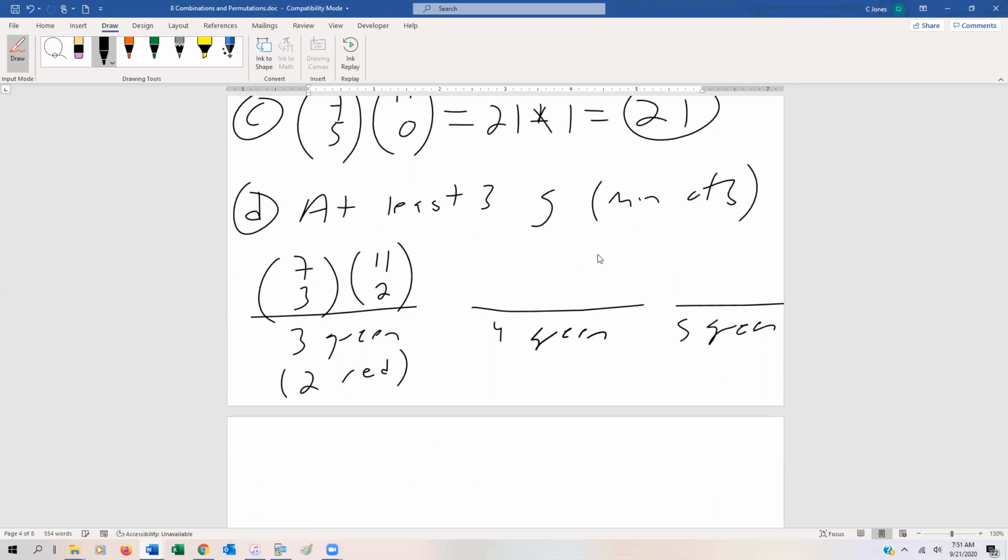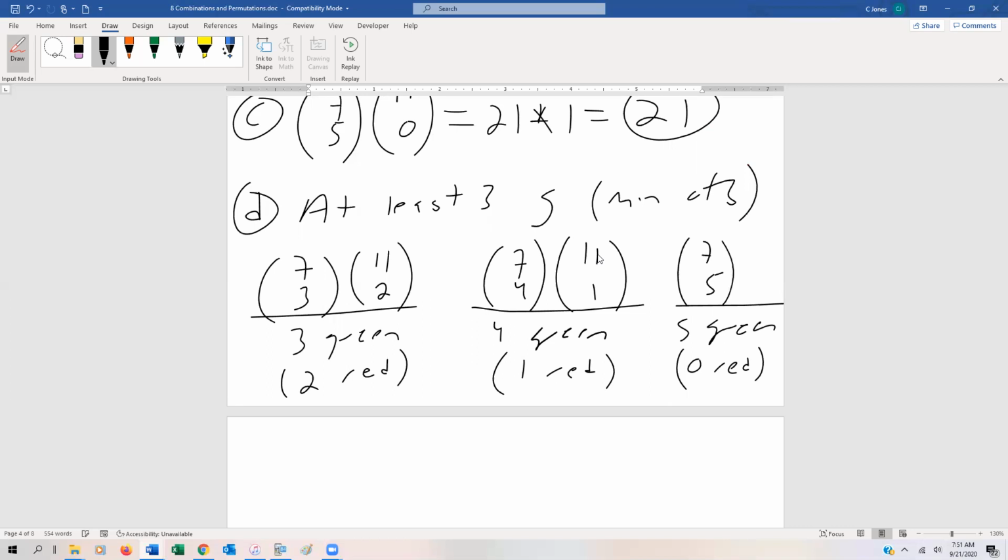All right, so we have to be careful with that. We can't forget about the other set. So there's 4 green, we want 1 red, and 5 green, there are 0 red. All right, they have to happen at the same time. So this is going to be 7, 4, 11, 1, and then 7, 5, 11, 0.